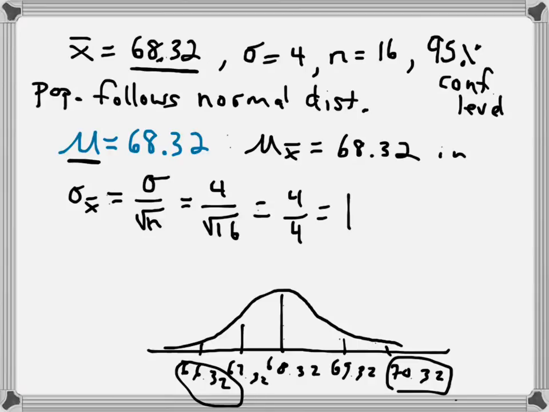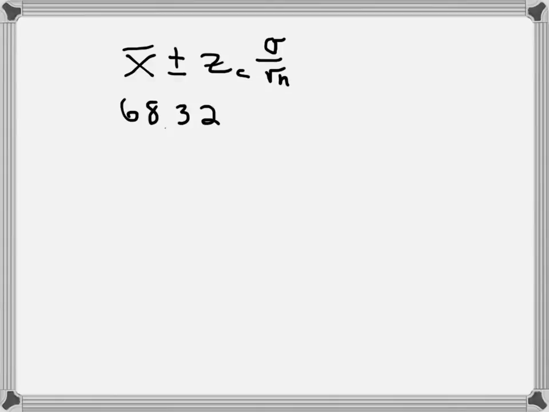So going back to this, just finishing this problem off, we can use this formula because it met those requirements, and we could find our confidence interval that way. Our sample mean was 68.32. Hopefully you're going to start memorizing this number, 1.96.